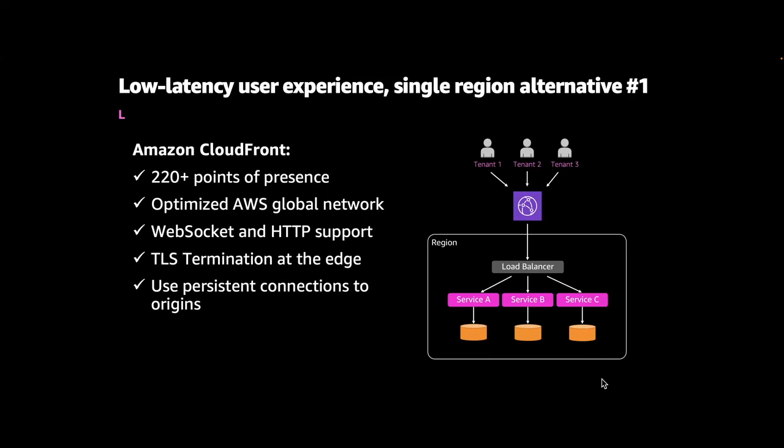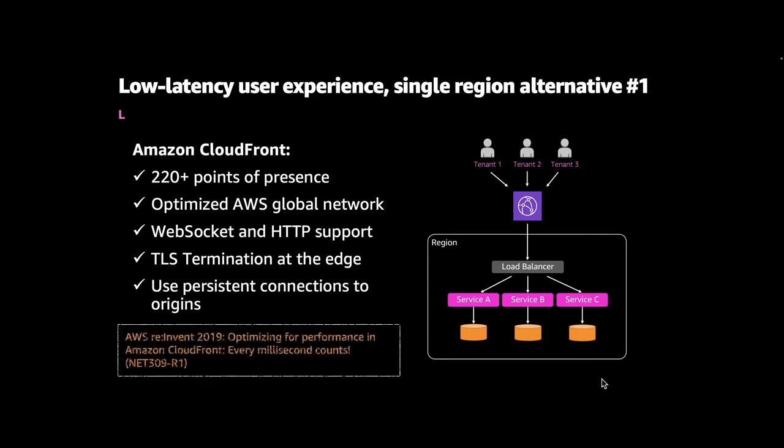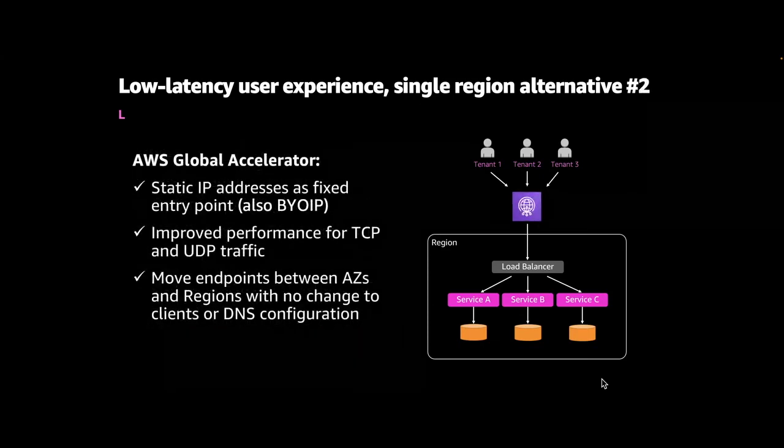But eventually, when you have applications using sockets or different networking requirements, you can leverage Global Accelerator or combine this with a Network Load Balancer. I'm going to be explaining in a few minutes. So Global Accelerator, basically, gives you static IP addresses as a fixed entry point.